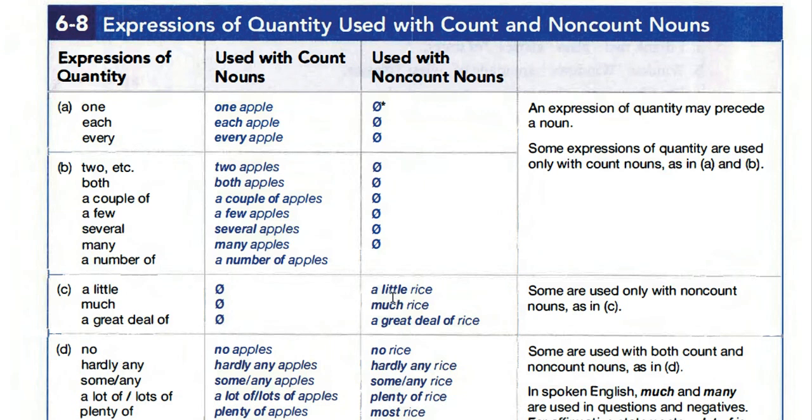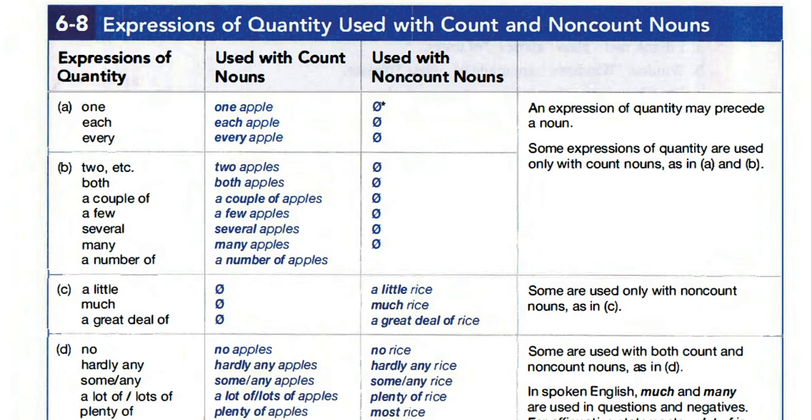So they're used for non-countable, like a little rice, much rice, a great deal of rice. Okay, let's continue here. We said a great deal of rice, and we mentioned that it's only for non-countable.